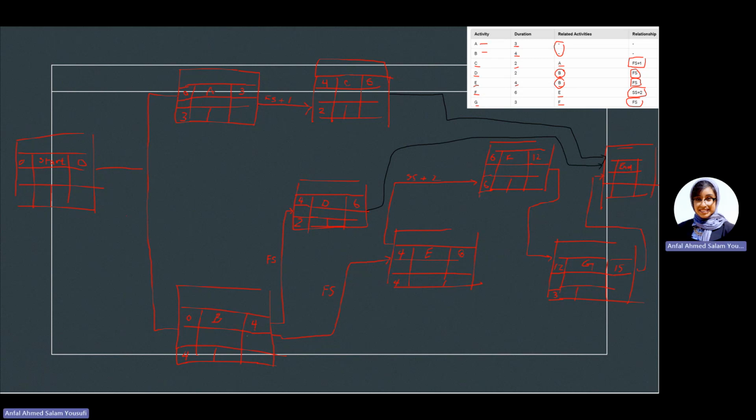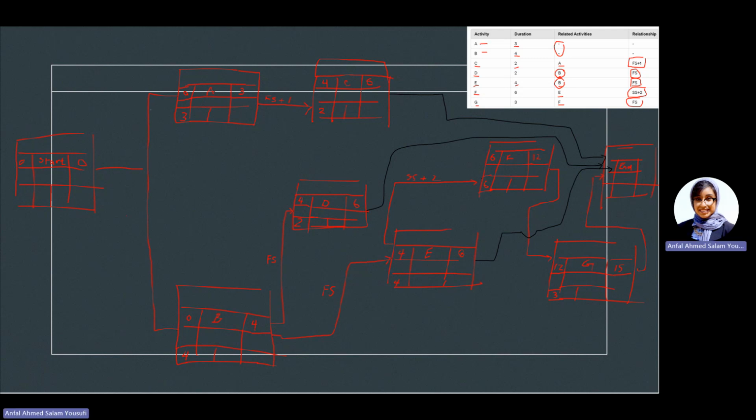Hope that is making sense. B, we have an input and output, we're good. E, we have an input, we do not have an output, meaning we are supposed to draw an output going there. F, we have an input and an output. G, we have an input and an output, which is going to end. Hope that is clear with drawing these things.